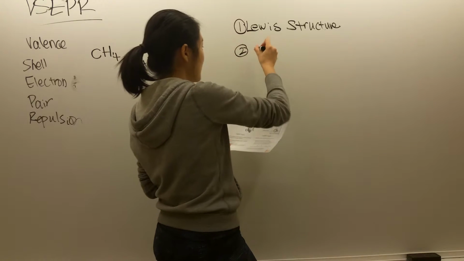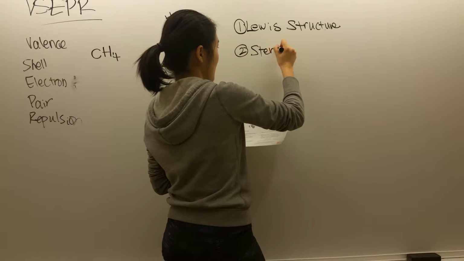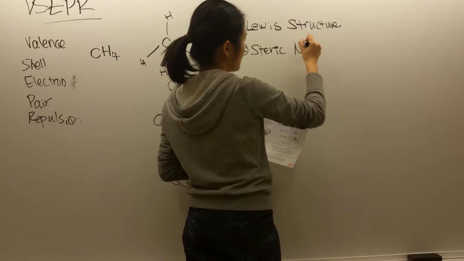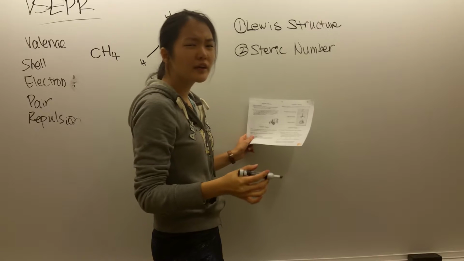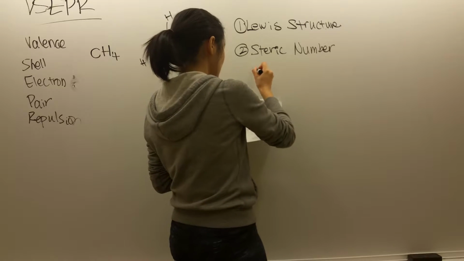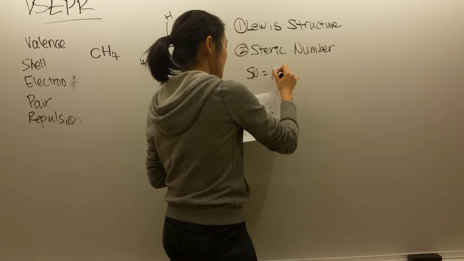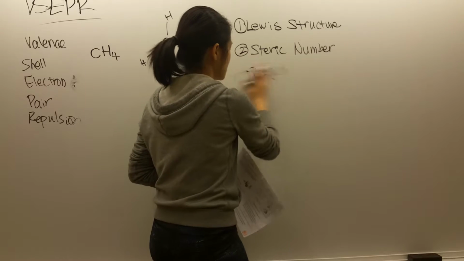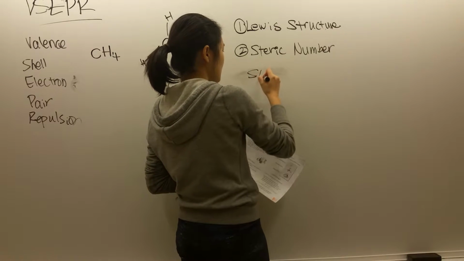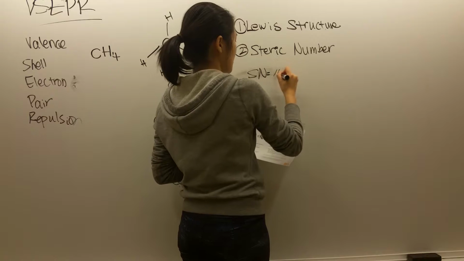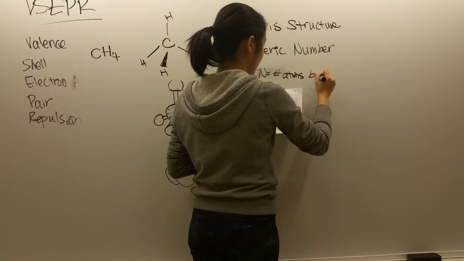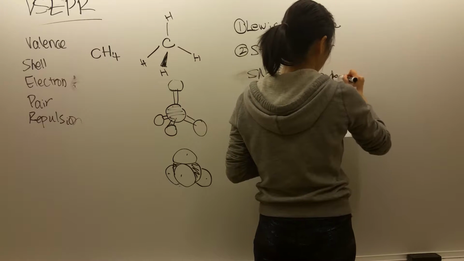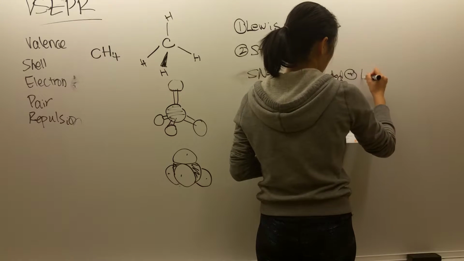The steric number will help you determine what kind of molecule you're looking at. Okay, the steric number is the number of atoms that are bonded plus the lone pairs.